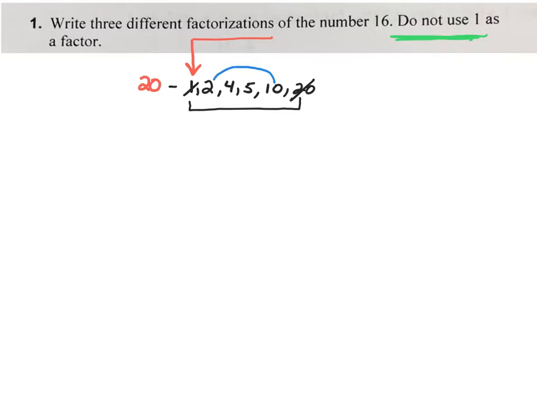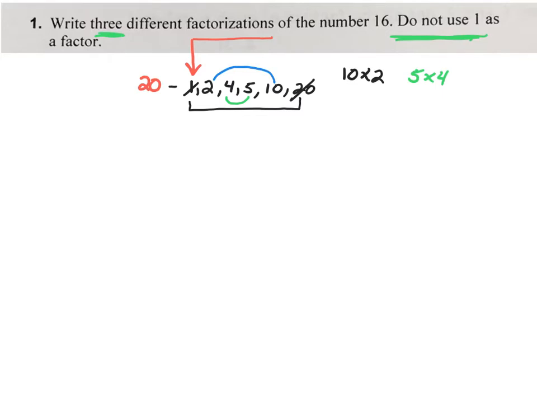One factorization could be 10 times 2. How about 5 and 4? So we have 2 just by listing the factors. Well, that's not going to get it done because we need to have 3 factorizations.